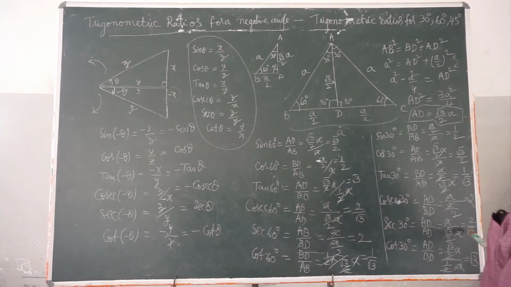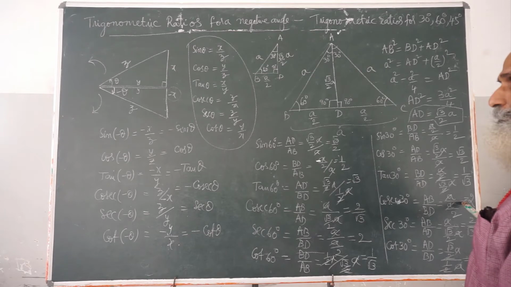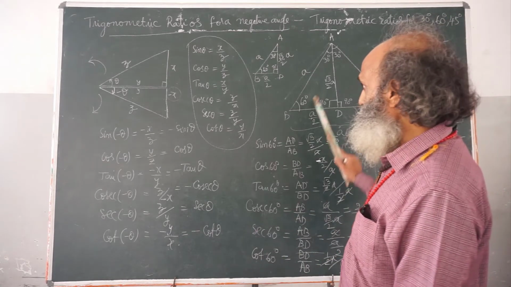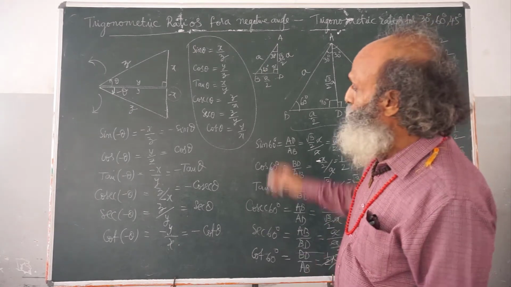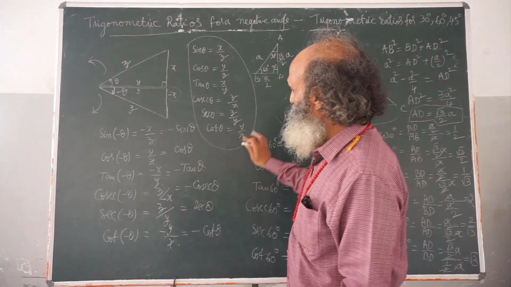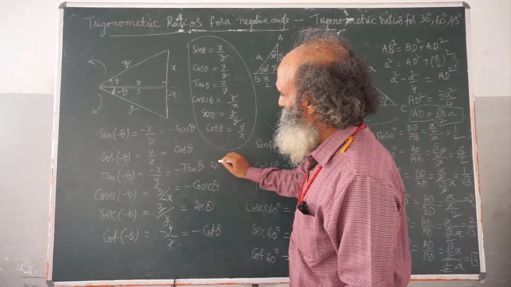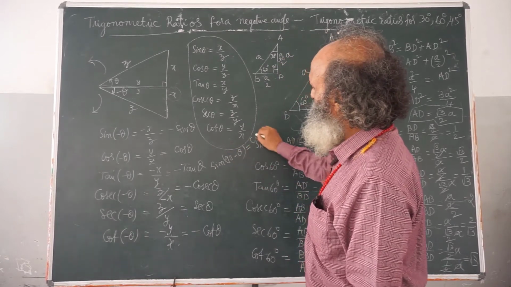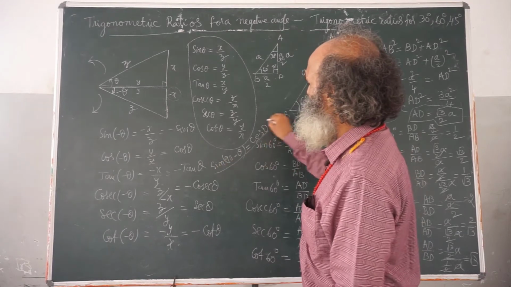Cosecant 60 is secant 30. Secant 60 is cosecant 30. So therefore we can say sin 90 minus theta is cos theta. That is very much proved here.